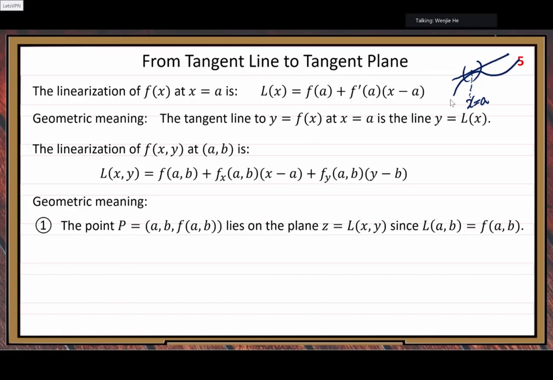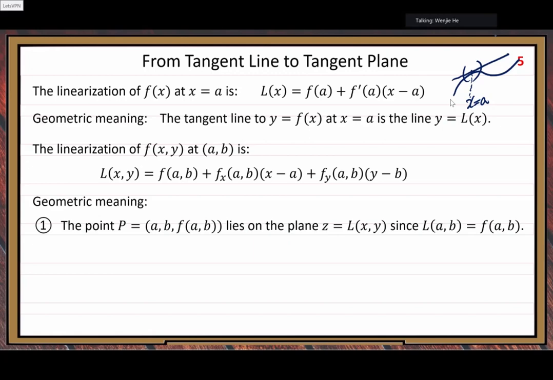Because you plug in x equals a, y equals b, then L of (a, b) equals f of (a, b). So at this point (a, b), the L function and the original function match. This is the first property.